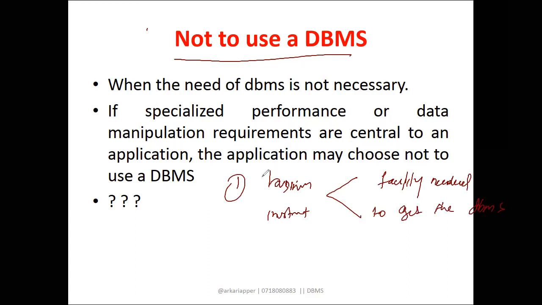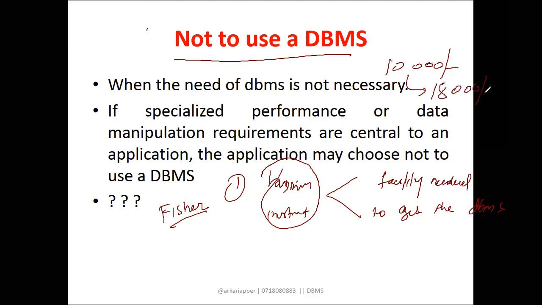Say a fisherman who invests around 10,000 rupees in the morning and in the afternoon gets around 18,000, so 8,000 would be his profit.